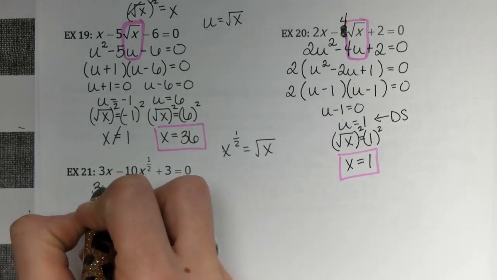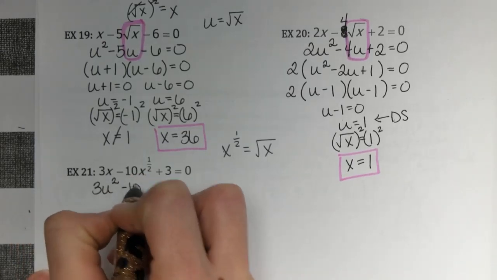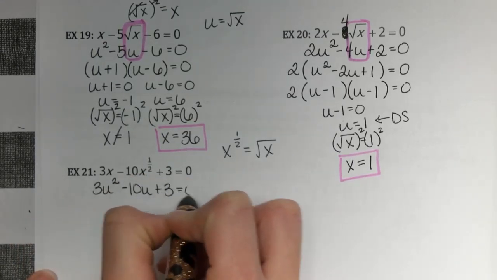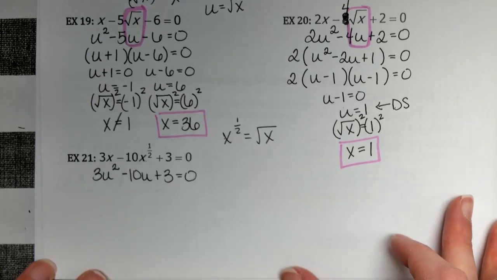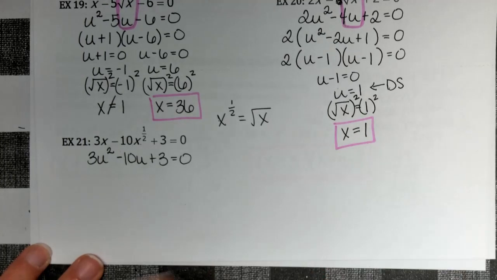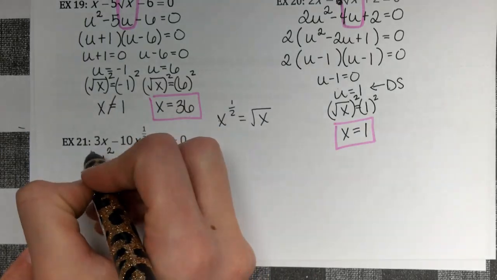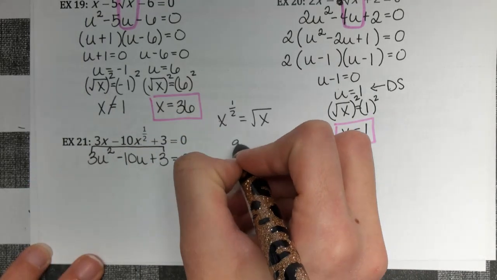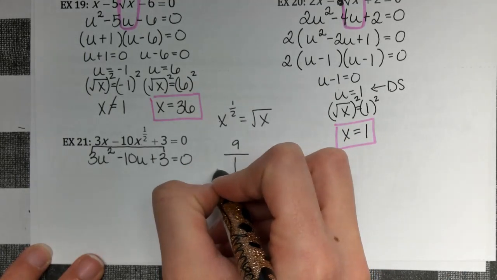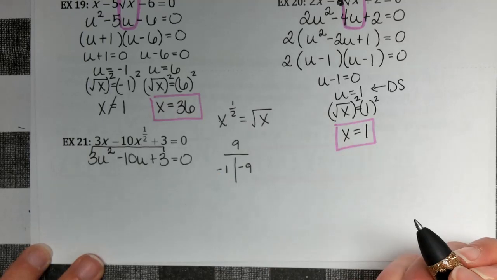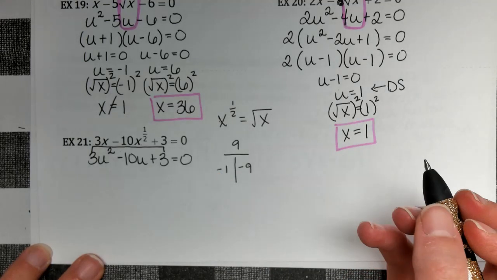So I'm still going to do my 3u squared minus 10u plus 3 equals 0. And what do I need to do? I don't have a GCF. First times last. 3 times 3 gives me 9. Factors of 9 to give me a 10. Negative 1, negative 9.